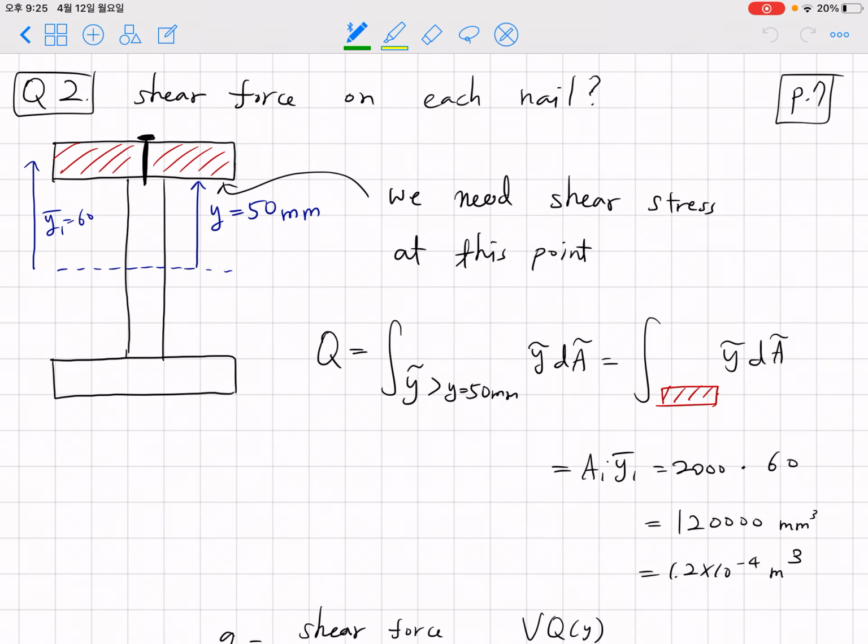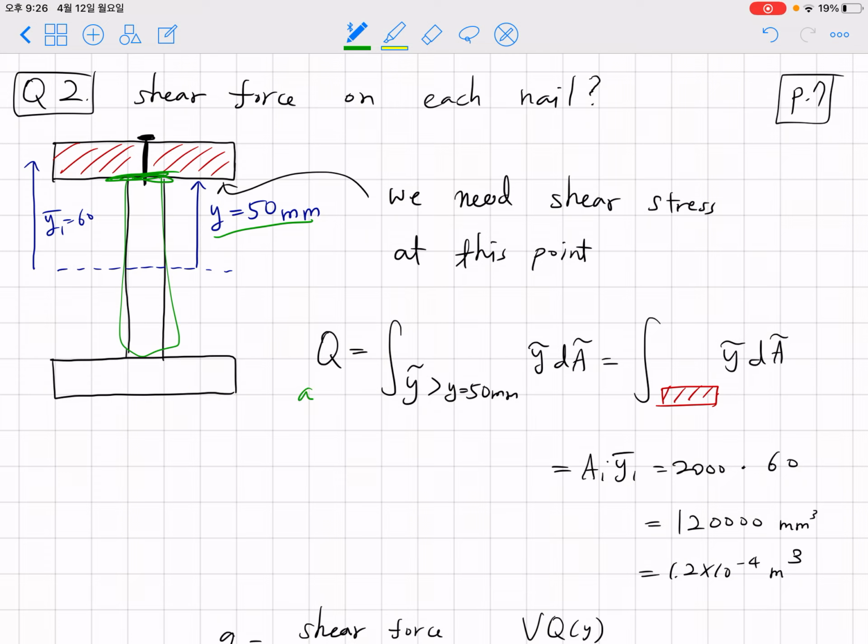So, to answer this question, now we have to change the location of interest. So the nail has to sustain the interface between this red block and the second block here. So what you have to focus on is the location of y equal 50 millimeter.